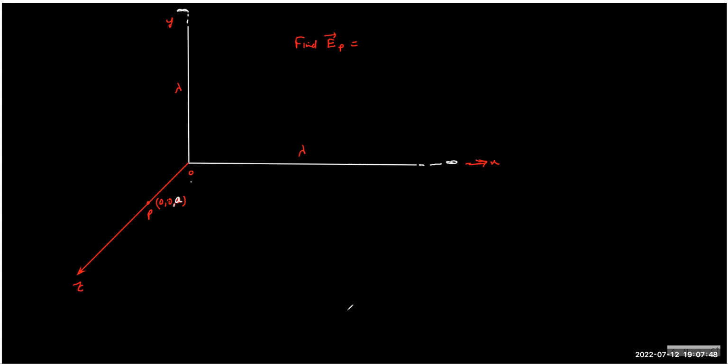Yes, 2K lambda by A. Tell me the answer in terms of I cap and J cap. So 2K lambda by A I cap. I'll just tell you what the answer is. The K lambda by A is going to be common everywhere, right?